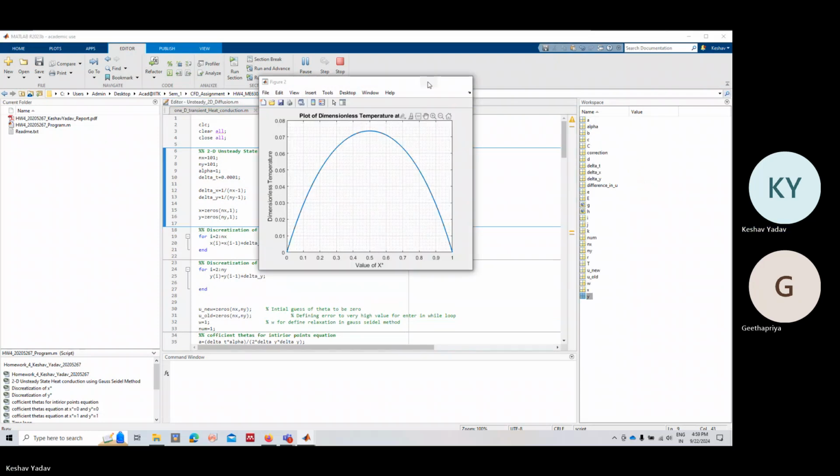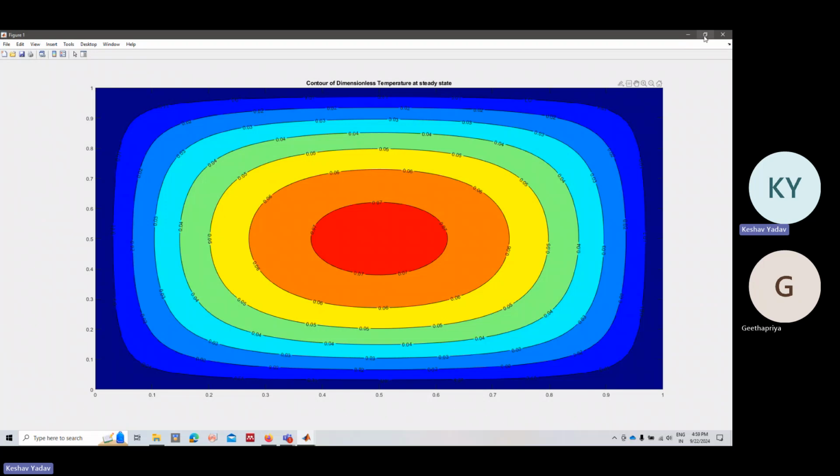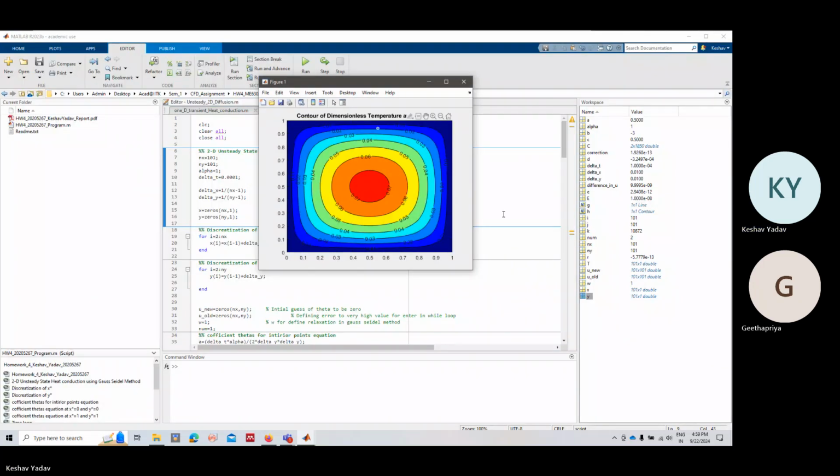Okay, so this is my temperature profile at steady state condition.